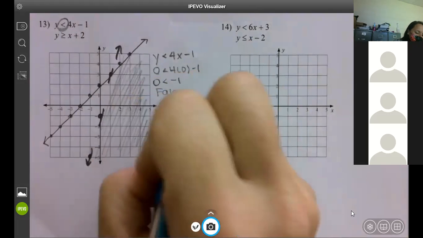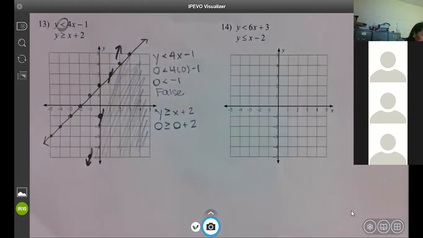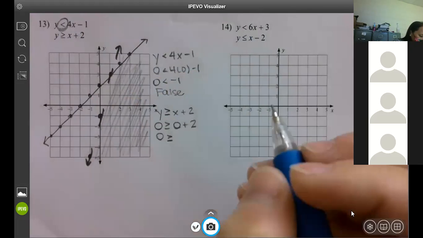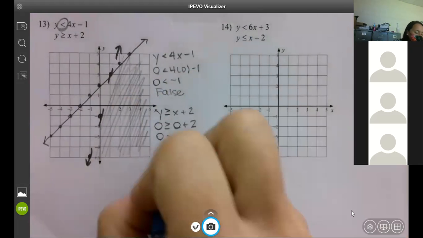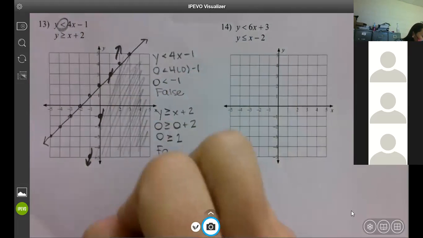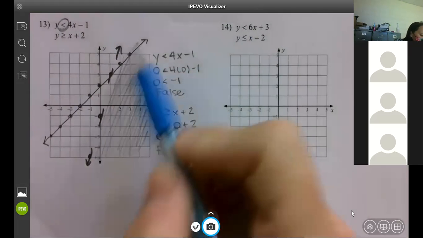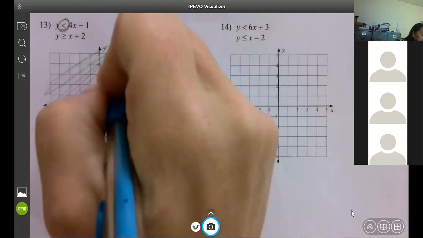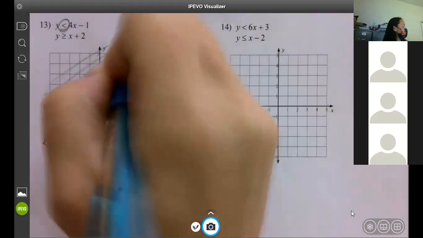What is 0 plus 2? 2. Is 0 greater than 2? So we shade the side without 0, 0, which would be this one. Now this one's kind of crazy, but this little tiny spot up here is where your solution is.